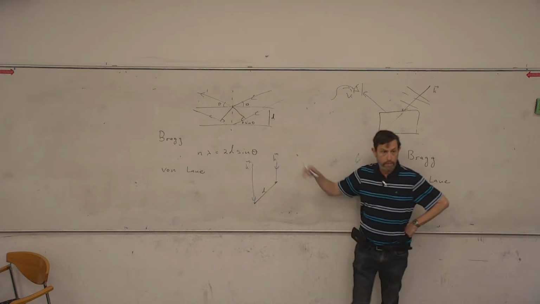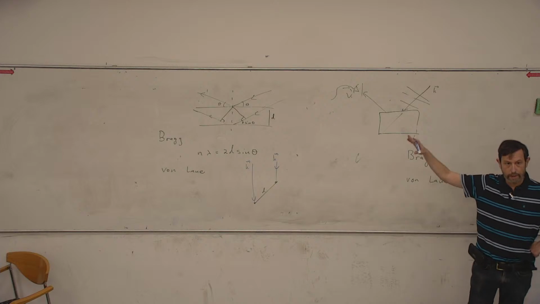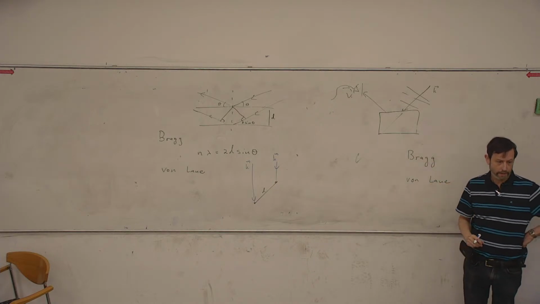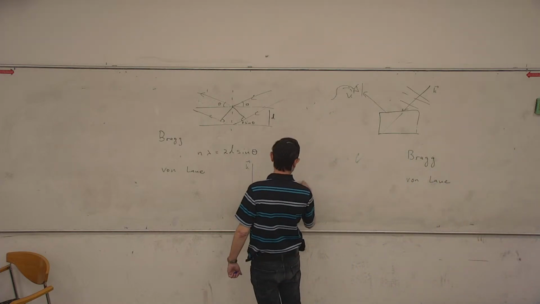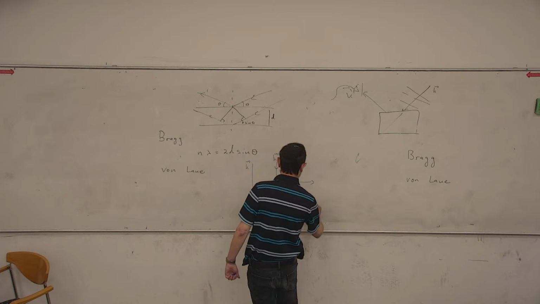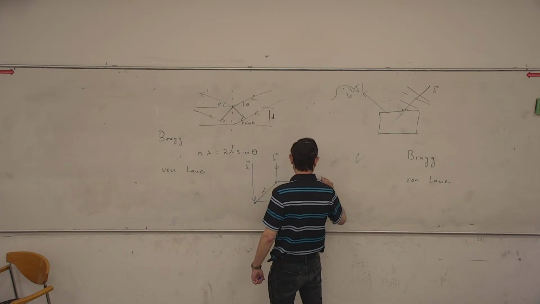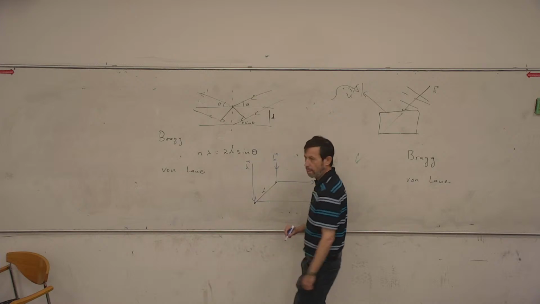So I have my plane wave coming in at wave vector k. And just for my convenience, I'm drawing it in right angles. It could be any direction coming out at k prime.